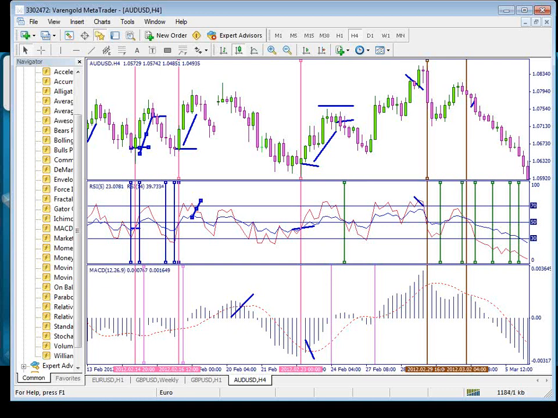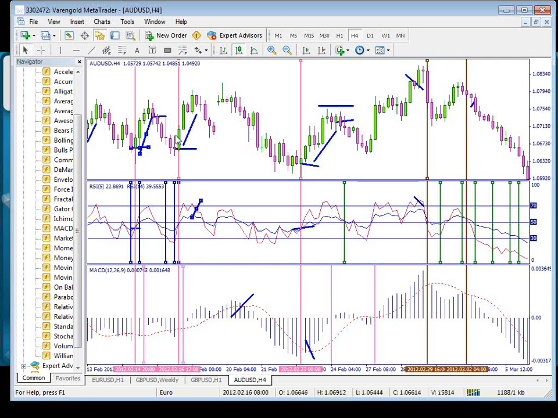Do you take horizontal support or resistance into account? I'm taking the Fibo levels into account, and those are very important levels. But from time to time, I also pay attention to psychological levels.